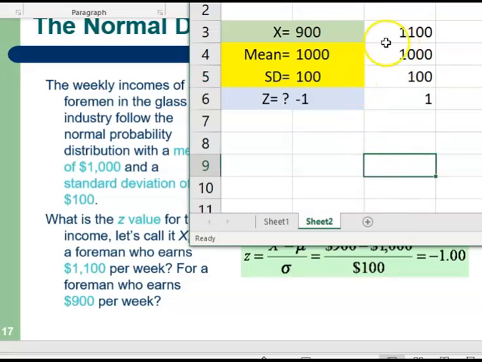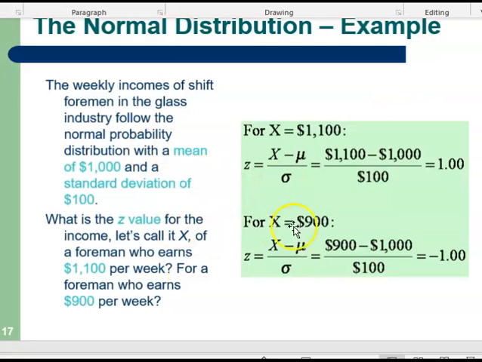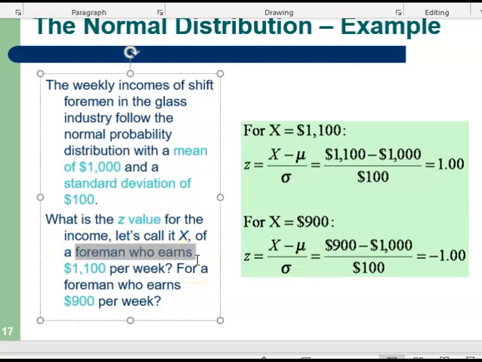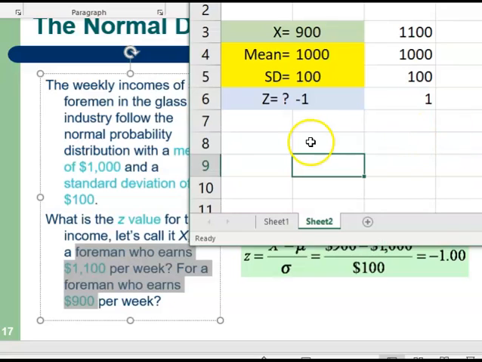Okay, so we have these values, and let's just say the question says what's the probability that we select a foreman and that foreman earns between 900 to 1100, right? If that's the case, then we're calculating the probability of a foreman who is earning between 900 to $1,100, so x is between 900 and $1,100.